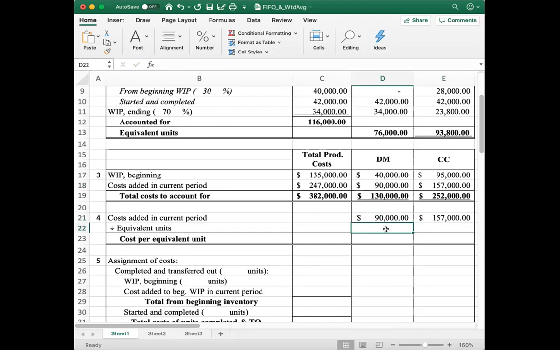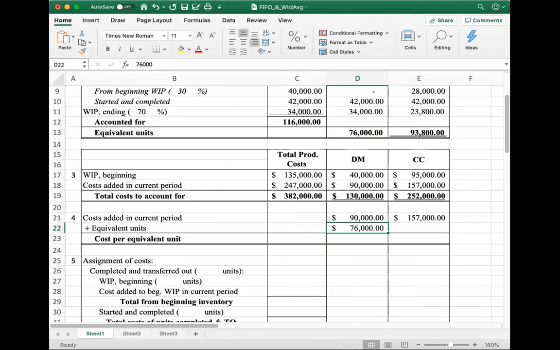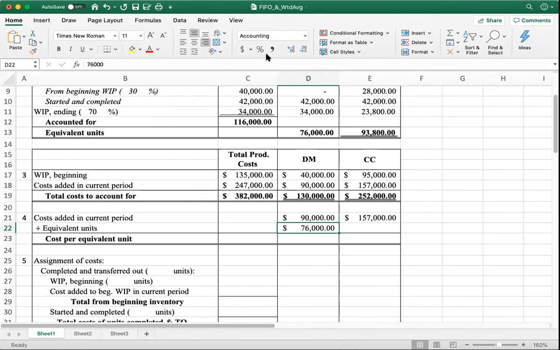That's given, and you can also see from part 3, 90,000 and 157,000. Now you divide this by the equivalent units you calculated in part 2. For direct material, you have 76,000, so you divide by 76,000. All right, this is the unit, so I need to remove the dollar sign from it.